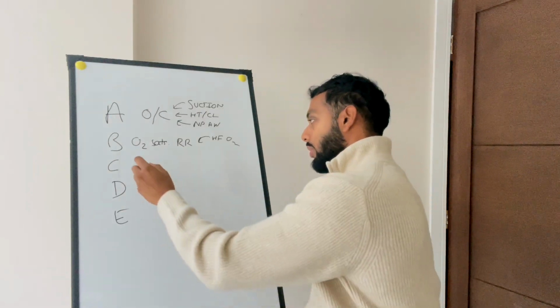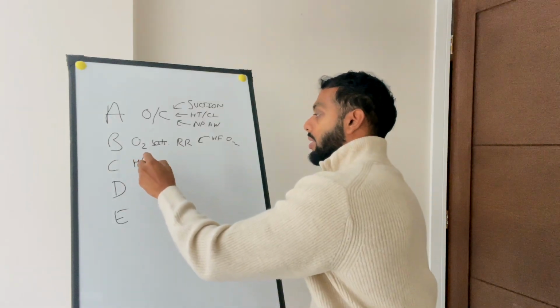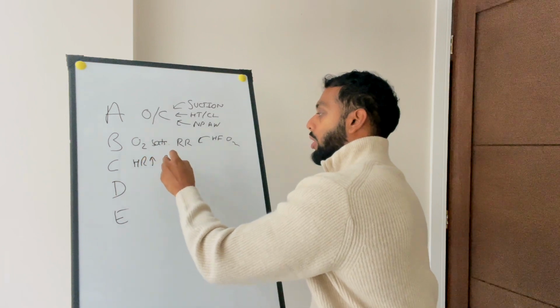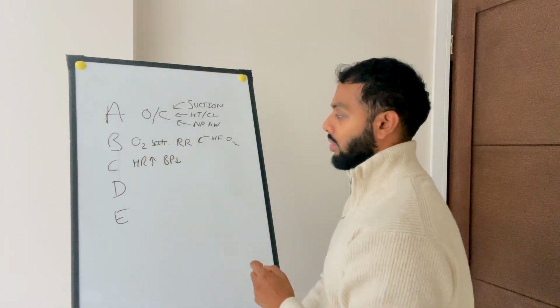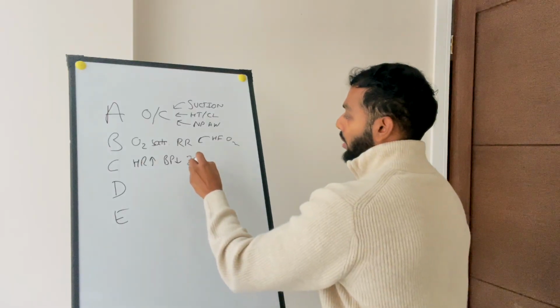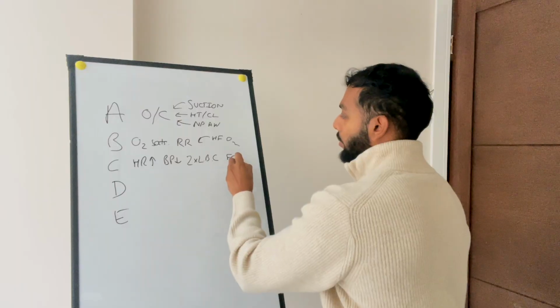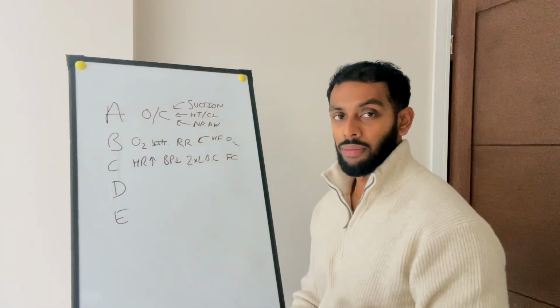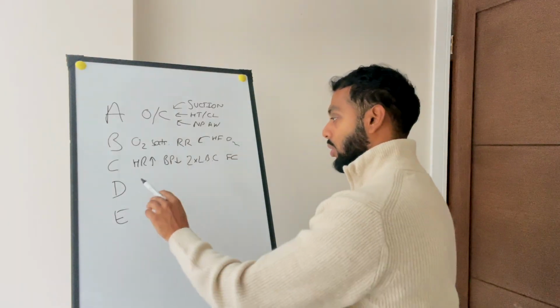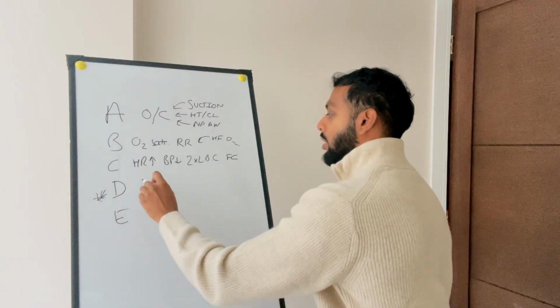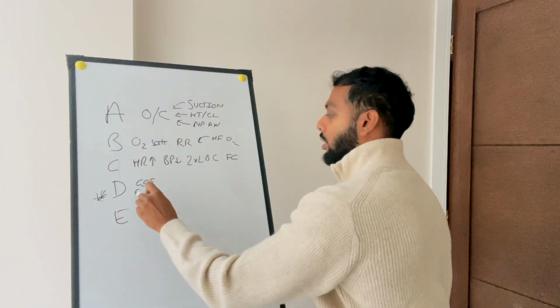Circulation, that means their heart rate is high, their blood pressure is low if there's an issue with circulation. So we give 2 large bore cannulas and then give a fluid challenge. Disability, this is the one I told you have to remember. GCS, glucose.